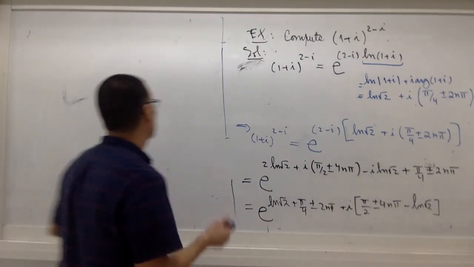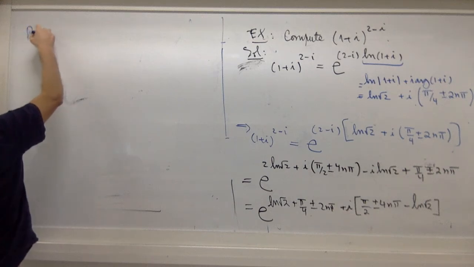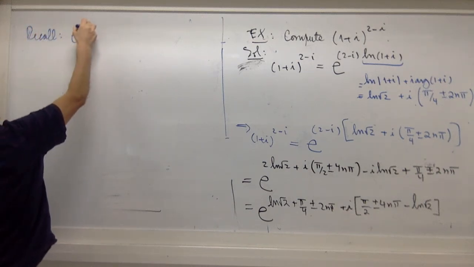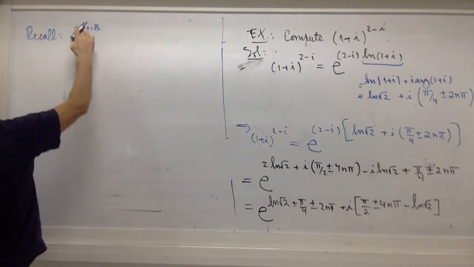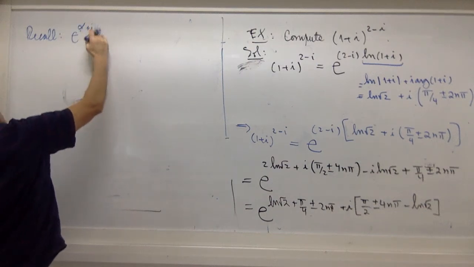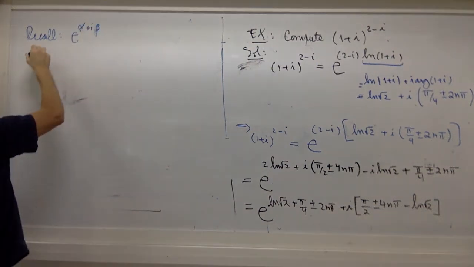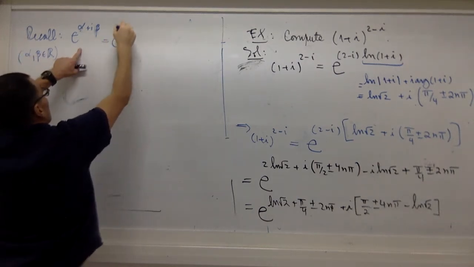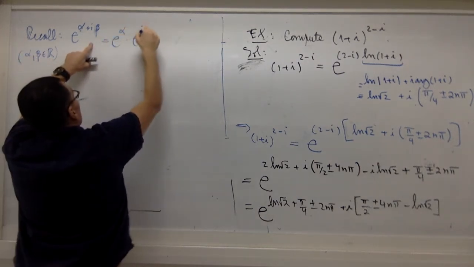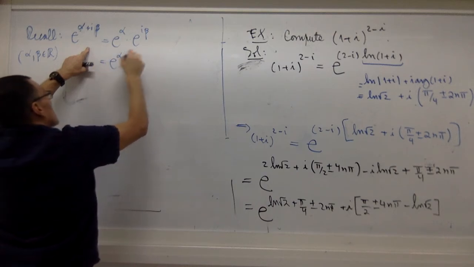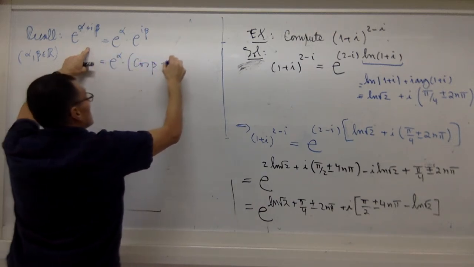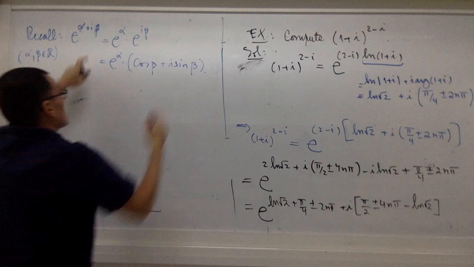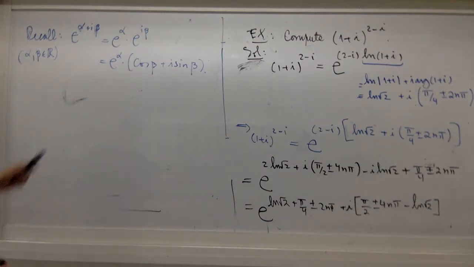Recall that the exponential of alpha plus i beta, for alpha and beta real, is the exponential of alpha times the exponential of i beta, which is the exponential of alpha times cos beta plus i sin beta, by Euler's formula.